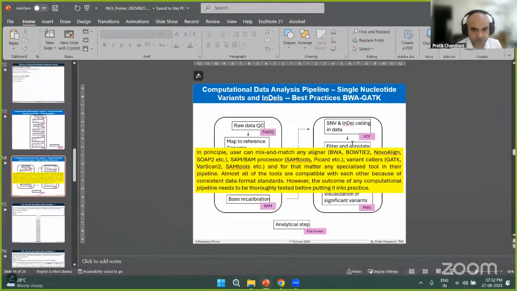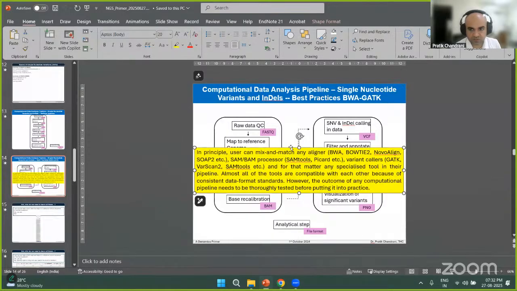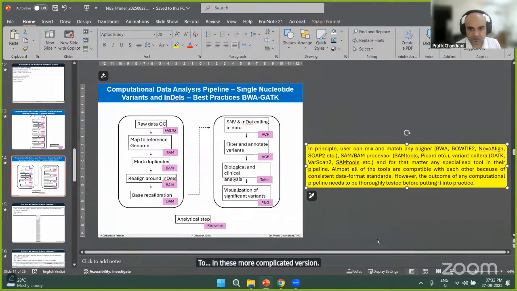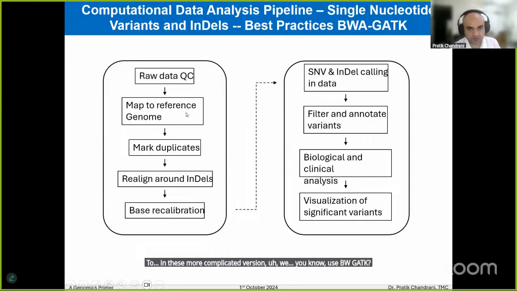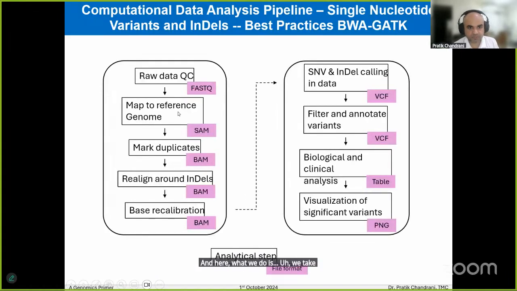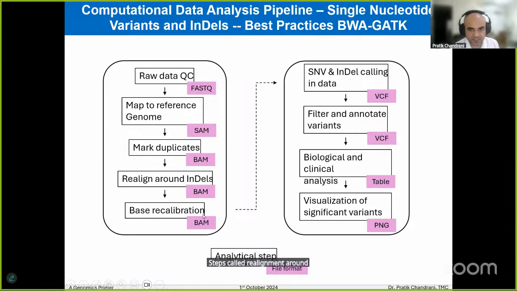My apologies, why is there a yellow symbol. So in this more complicated version, we use BWA GATK, and here what we do is we take a FASTQ file, map to the reference genome, remove the PCR duplicates, and then we perform two separate steps called realignment around indels and base recalibration.